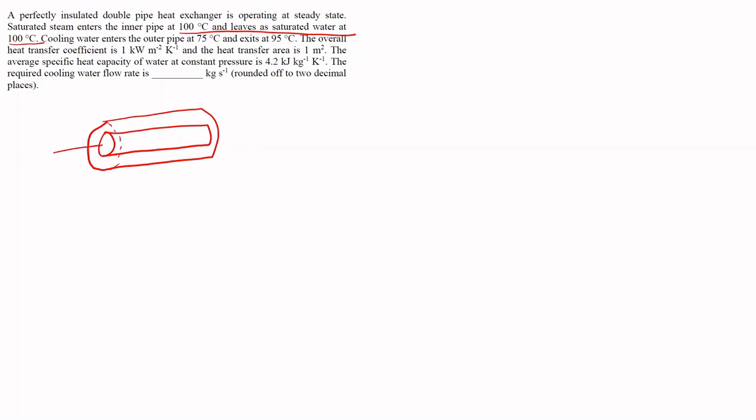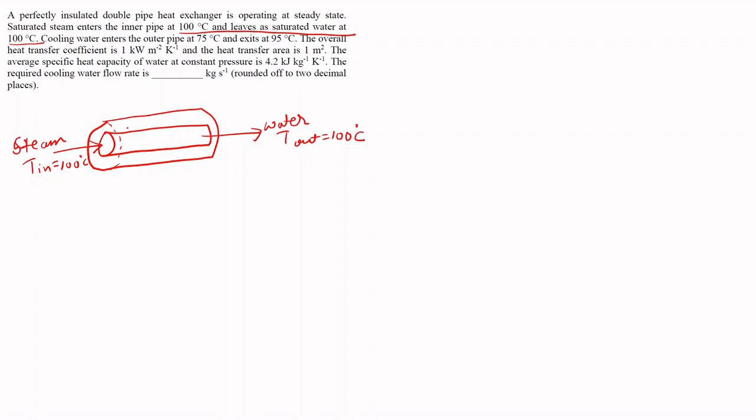So let's assume this is my steam and T inlet is 100 degrees Celsius, and now it becomes water and T outlet is 100 degrees Celsius.